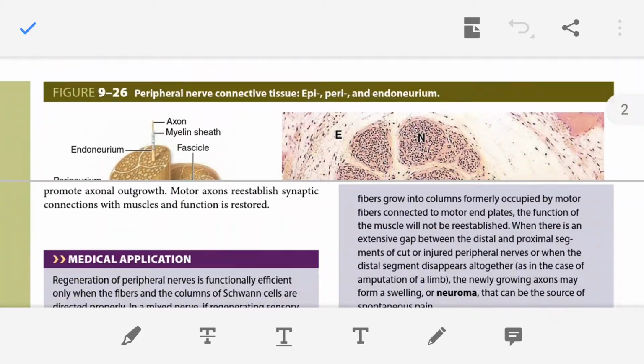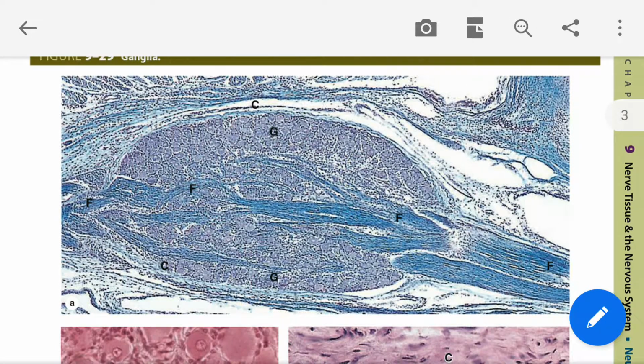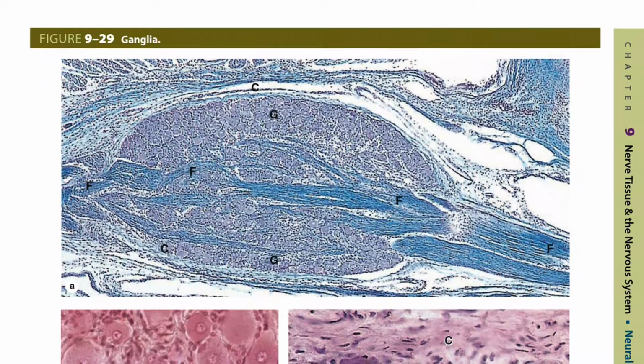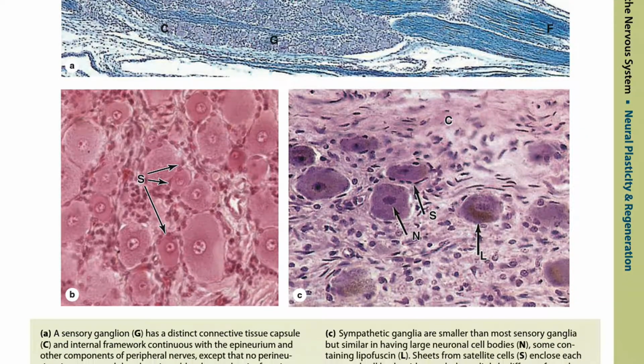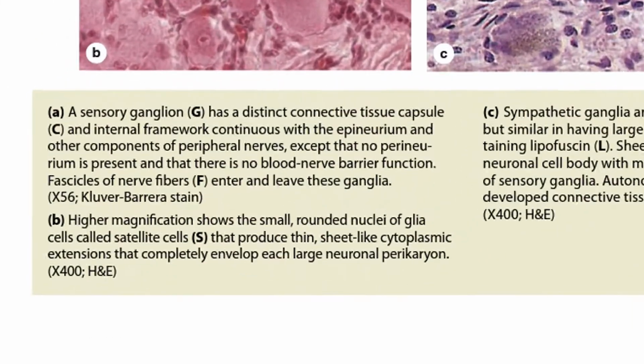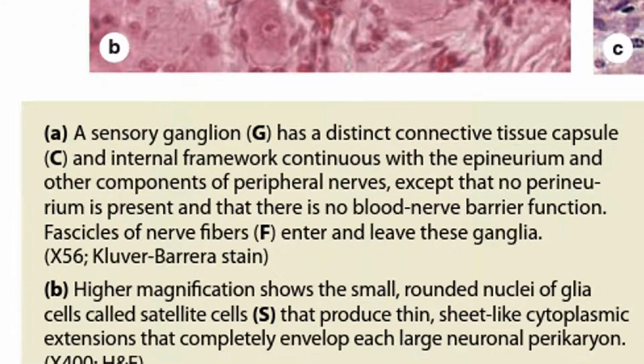Now in the figure I am showing you, first of all, what is this figure all about? This is actually a histological slide of the ganglia, and you can go through the notations G, C, and F. G is for sensory ganglion, C is the connective tissue capsule, and F is the nerve fibers.